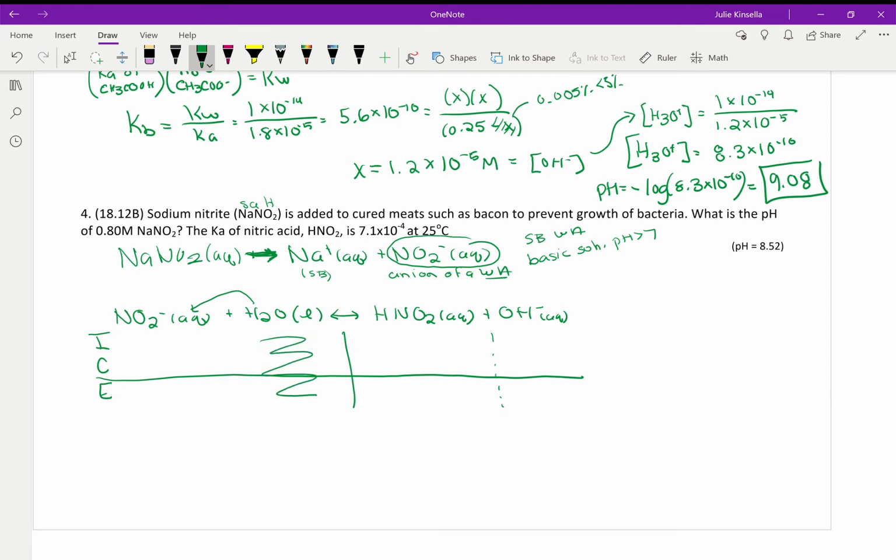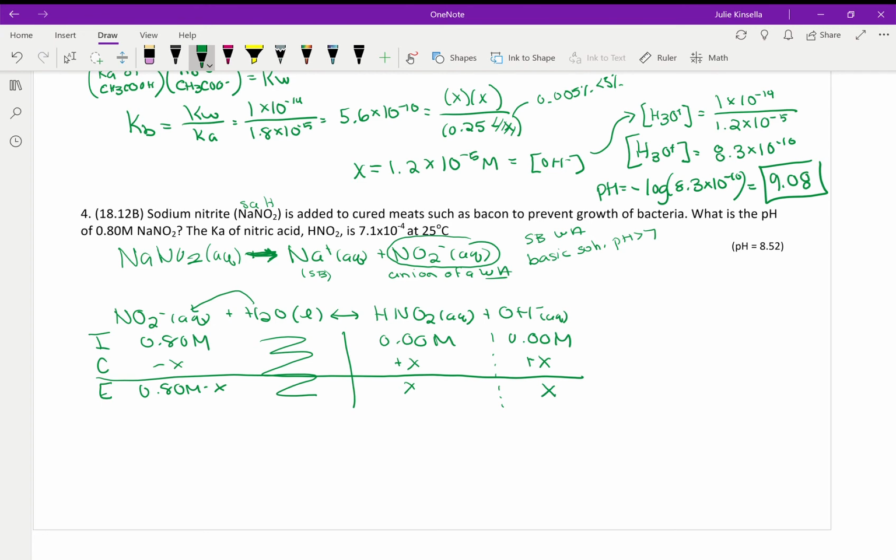So nitrite here is your 0.80 concentration. We're going to put in 0 for the other part here. We're going to fill in our changes in concentration based on the stoichiometry. Proceeding to the right, we're going to simplify our expressions to what they are at equilibrium.